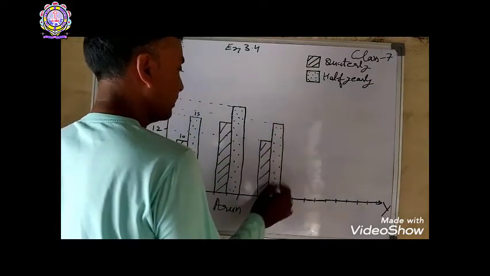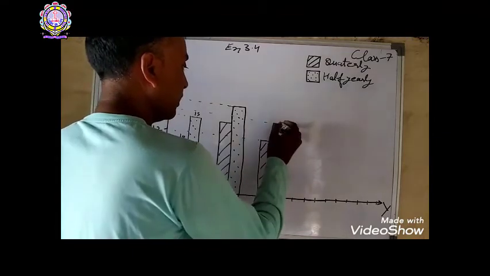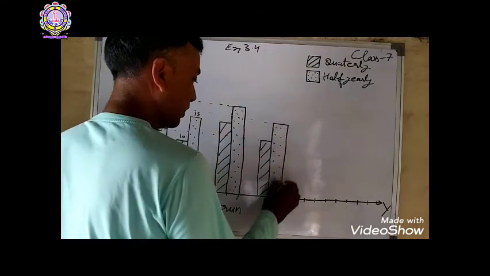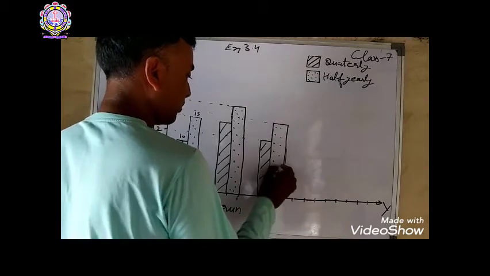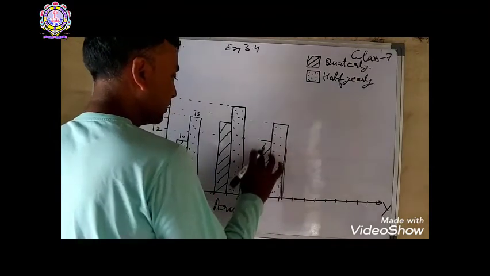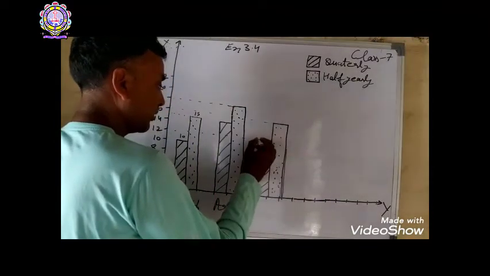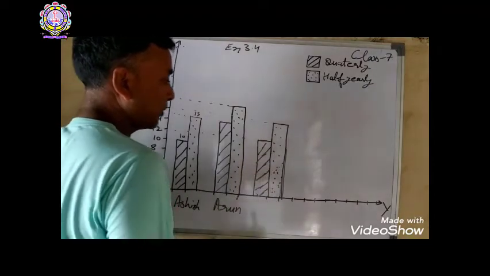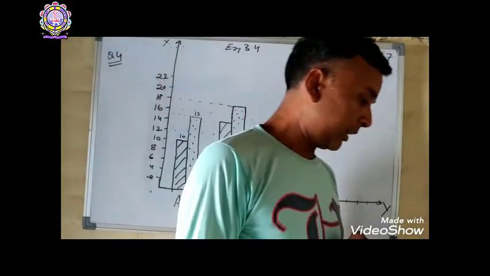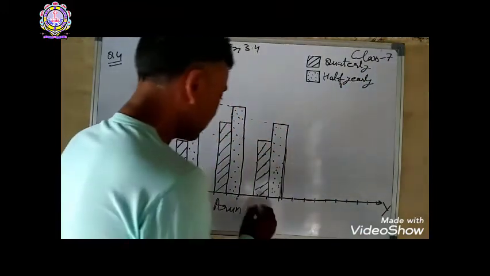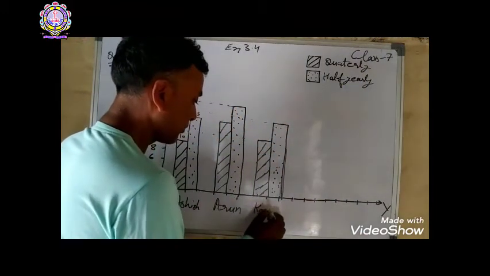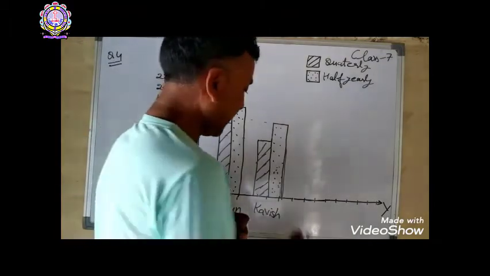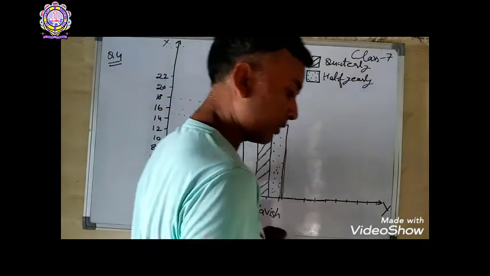And the width should be equal. Not less, not more. Measure it. Equal length, width of the bars. Second is, that is Kavish.